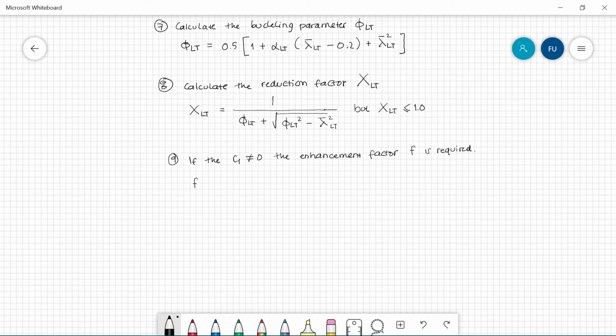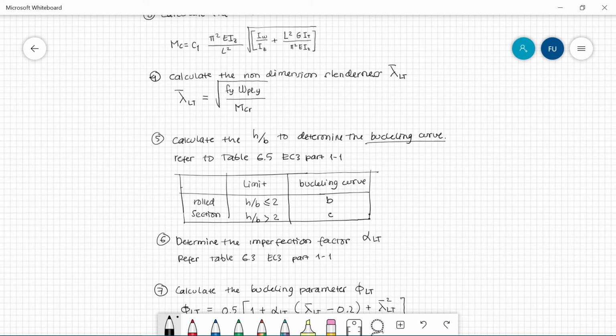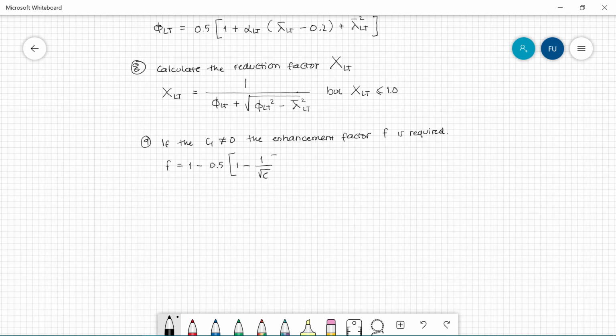So f is equal to 1 minus 0.5 multiplied by 1 minus 1 over square root C1, times 1 minus 2 times lambda LT bar minus 0.8 squared.